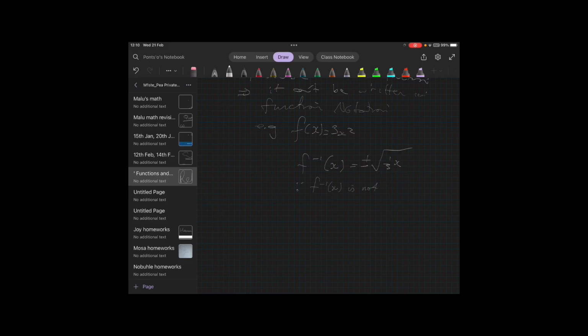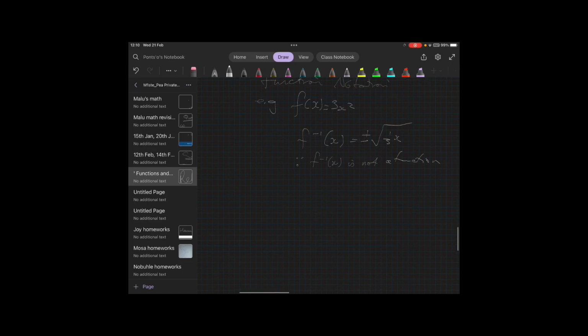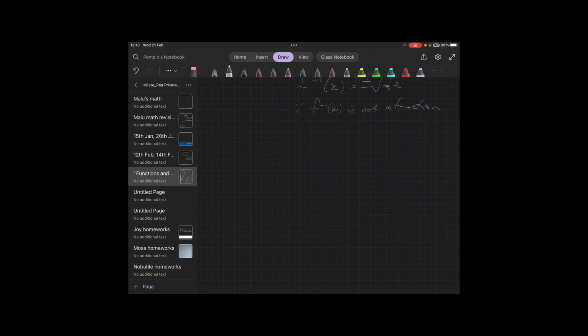No, wait. The inverse cannot be written as that, as it is not a function. Okay. The English there is confusing.